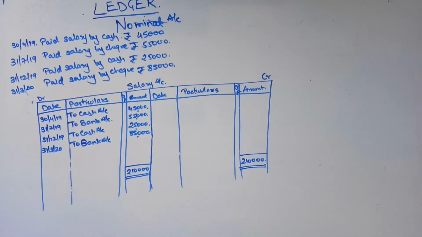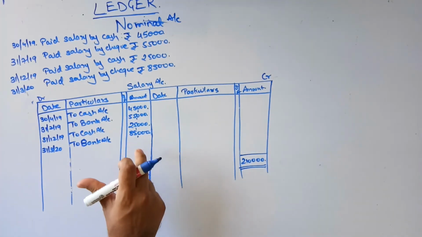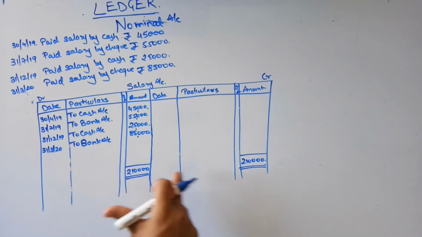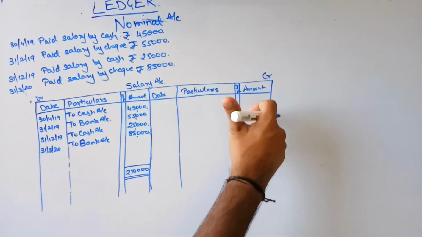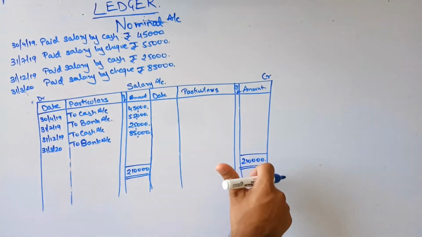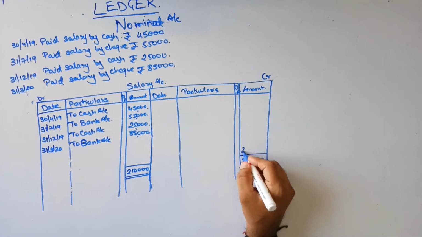What is the next step over here? What do we have to do next? After the total, which side was higher? This side was higher, so we wrote the total of 2,10,000 on both the sides. After this, 2,10,000 minus the total of this side. What is the total of this side? 0. So 2,10,000 minus 0 will give me 2,10,000.